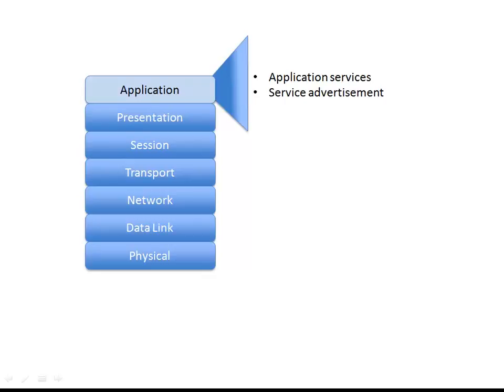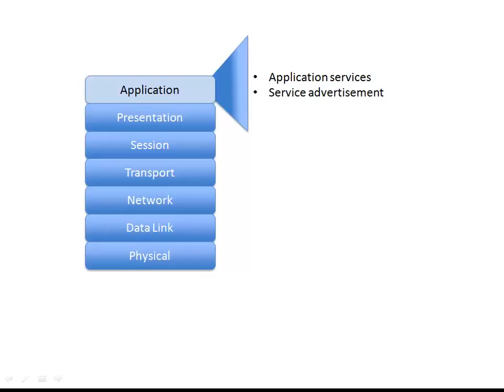You might be able to open a shared folder on your computer's desktop and access files from a server. That's a file sharing service. That's considered an application, a file sharing application. That generic service would be considered to live at the application layer. But something else that we often don't think about up at the application layer is service advertisement. Some network devices, maybe printers for example, might periodically send out an advertisement making their availability known to the network.